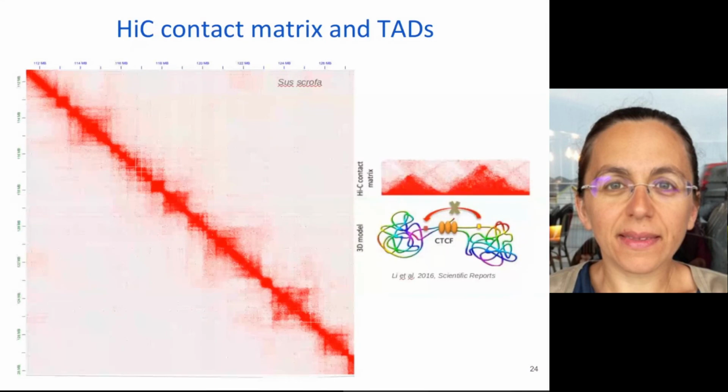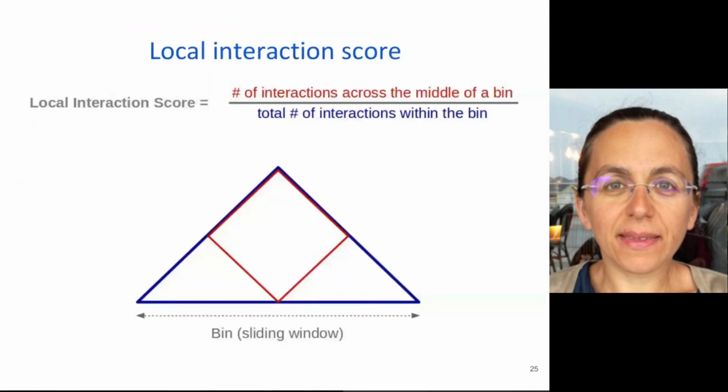So on slide 25, we wanted to have a measure of insulation strength of the TAD boundaries. For this, well, we were not the first ones to define it, we use this local interaction score that we computed based on a sliding window. We move this sliding window of, I think, 500 kb across the genome.